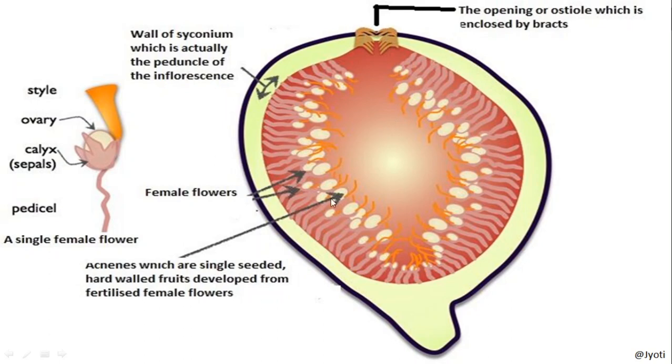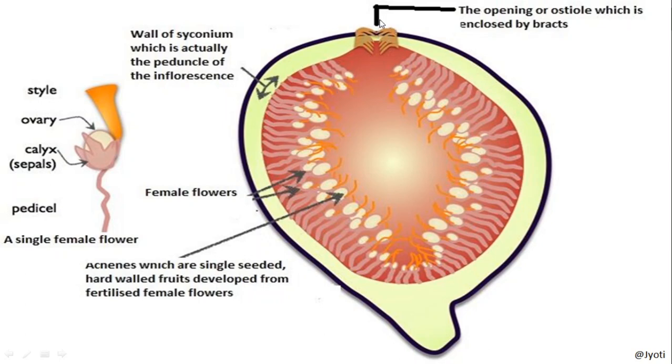Okay. So here you can see how the flowers are arranged. The female flowers are present towards the basal side. So this is the basal part. Here the female flowers are present, and towards the center and apical side the male flowers are there.